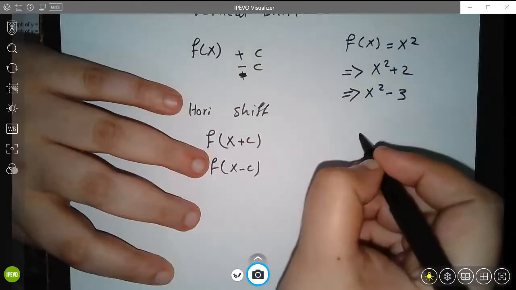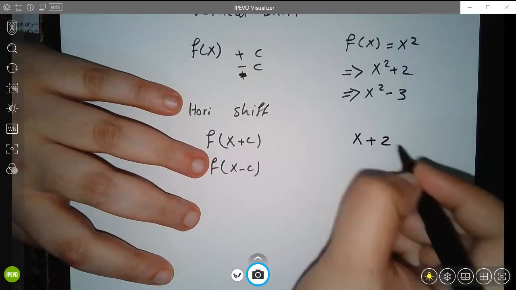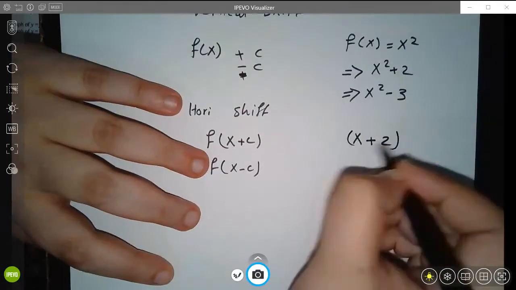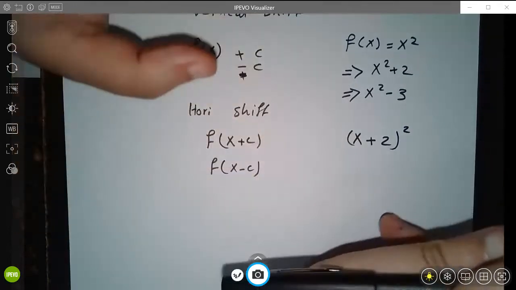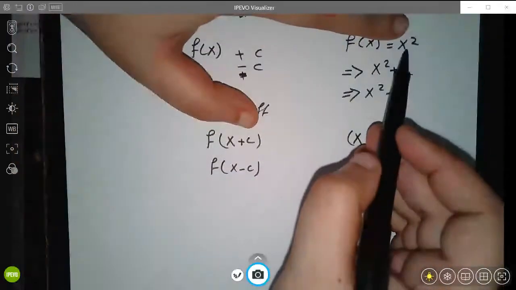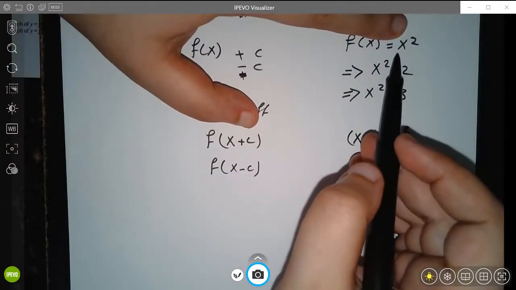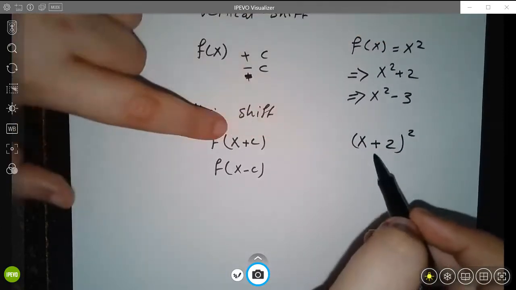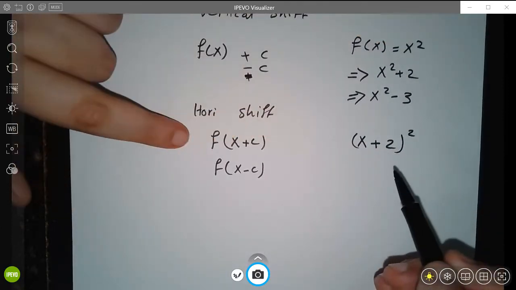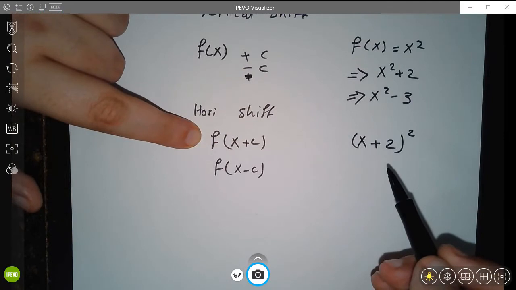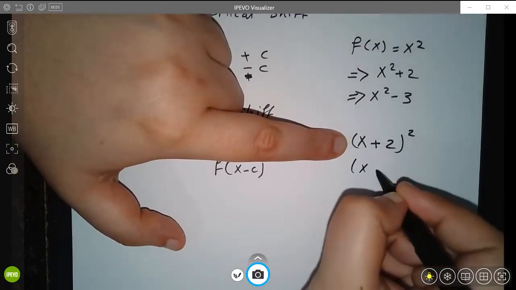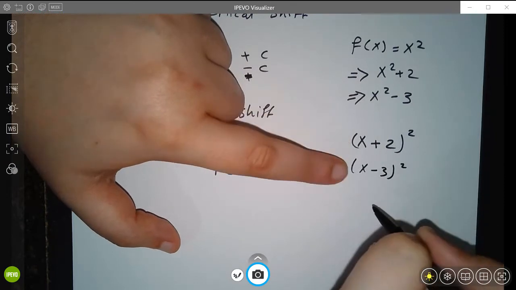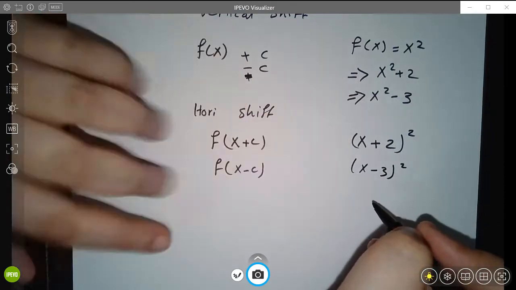So you'd have x plus 2 squared. So it happened inside the defining factor of the function, which is the fact that it was being squared. Make sense? So what you're adding is to x itself before you plug it in. Does that make sense? So I'm adding it inside the squared. Or if you want to subtract the 3, we're subtracting it inside the squared.